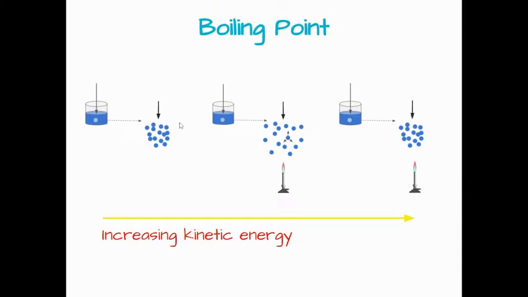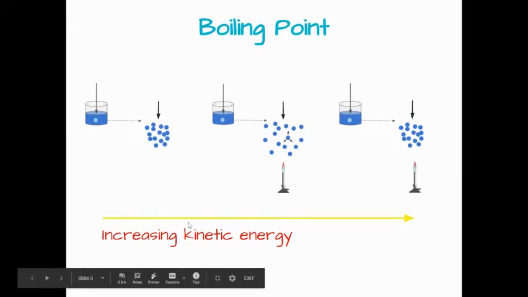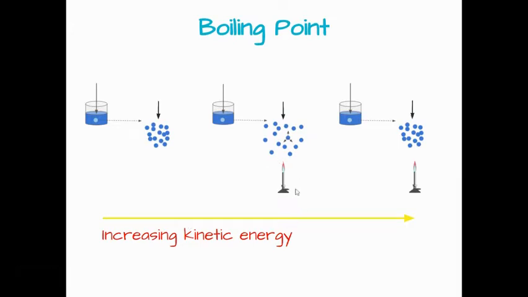As the particles in a liquid start to speed up, in other words, we increase the kinetic energy, maybe by adding heat, they start to spread out. And as they spread out, some of the particles have absorbed enough kinetic energy that they can start to break away from the liquid phase or overcome the forces of attraction between these liquid particles and go into the gas phase.